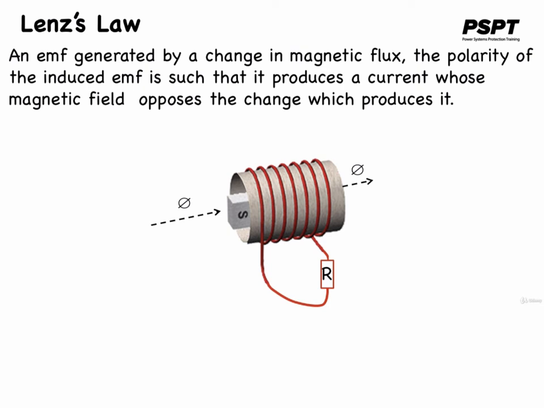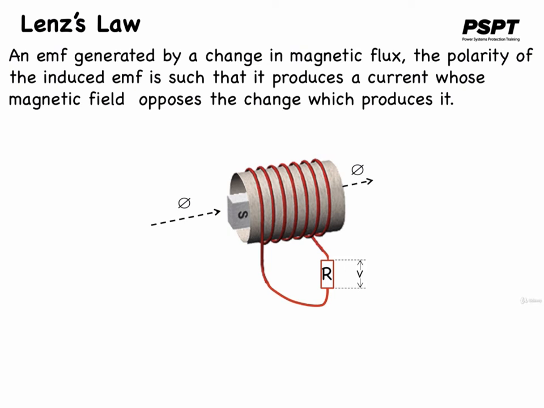Let's read that again and follow it step by step. An EMF is generated by a change of magnetic flux. That would be induced in the voltage drop across the resistor R.